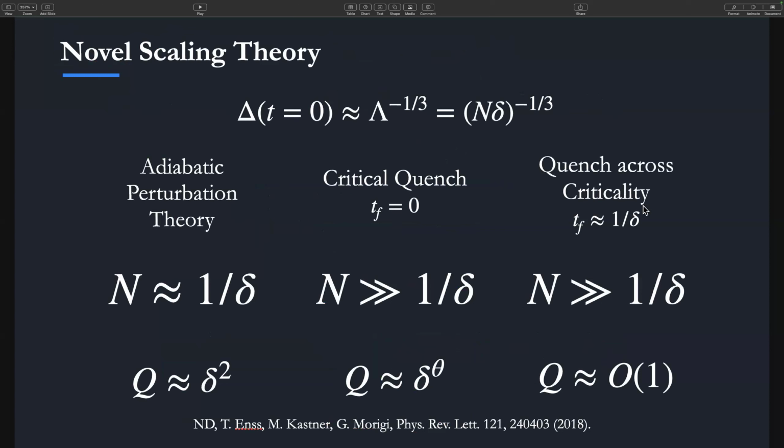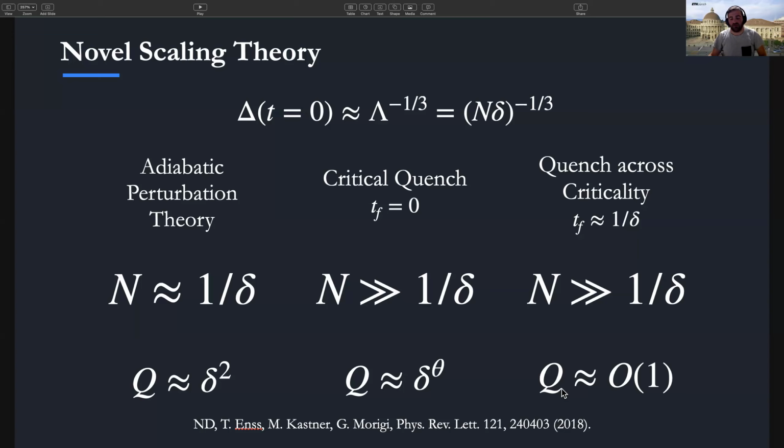If it's delta to some power or of order one, then which one is smaller in this particular limit? Order one means that theta is 0. So this one on the right always wins over this. So this is always larger.